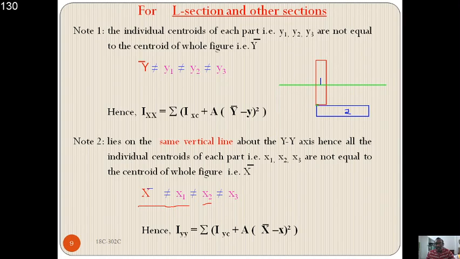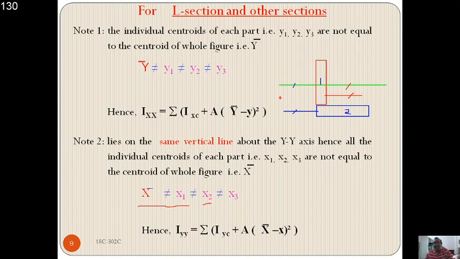This distance from this point is obviously not equal to the other, so from this point the center is a different value, and for the second part also we have another value.